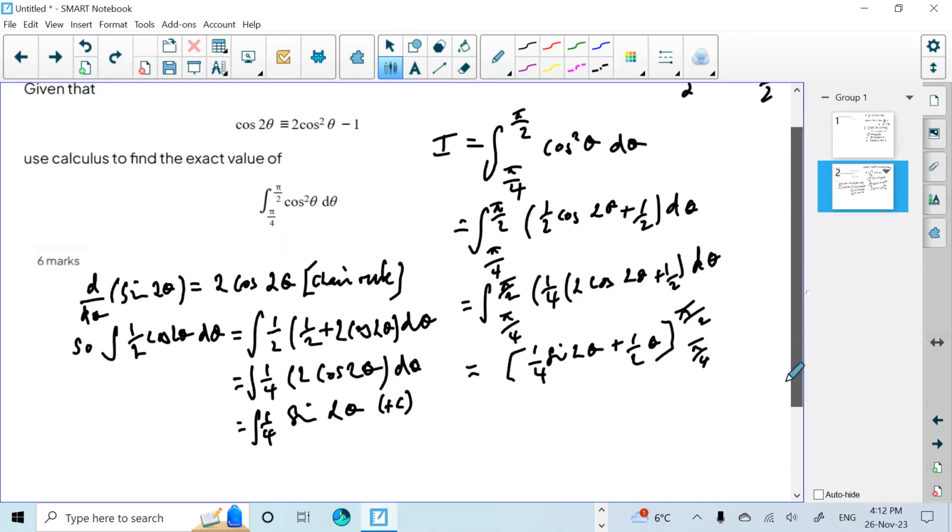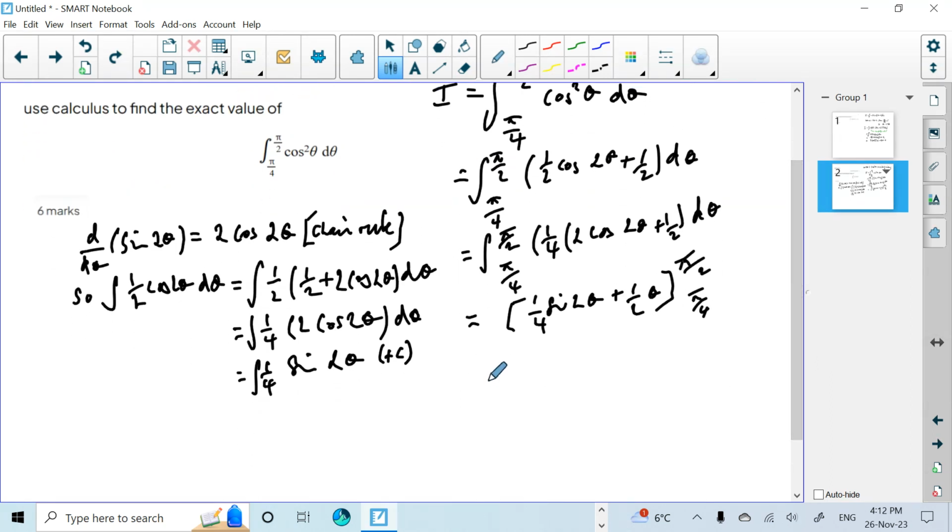Let's continue. So that will give us 1/4, in brackets, times the sine of pi, plus a half pi over 2.